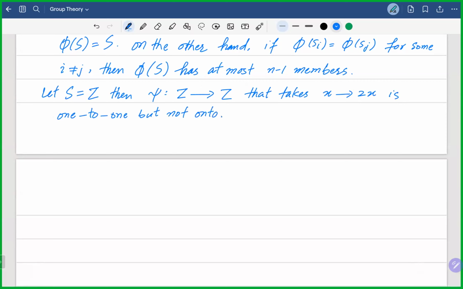Okay, so in the infinite case it is not possible. Perfect.